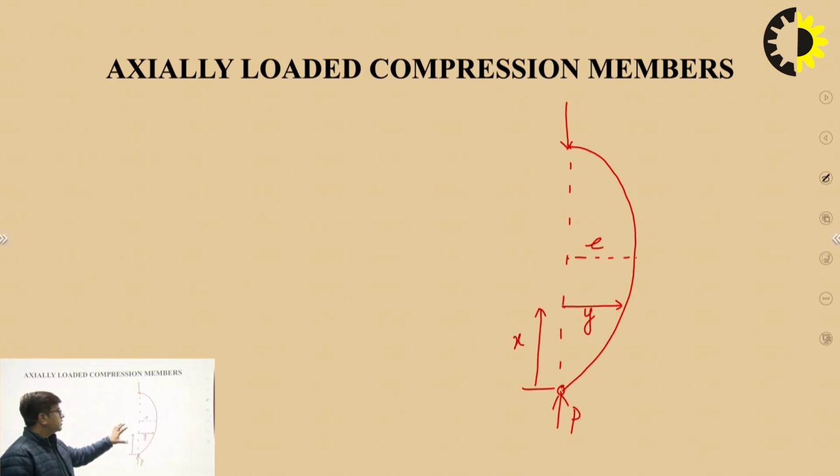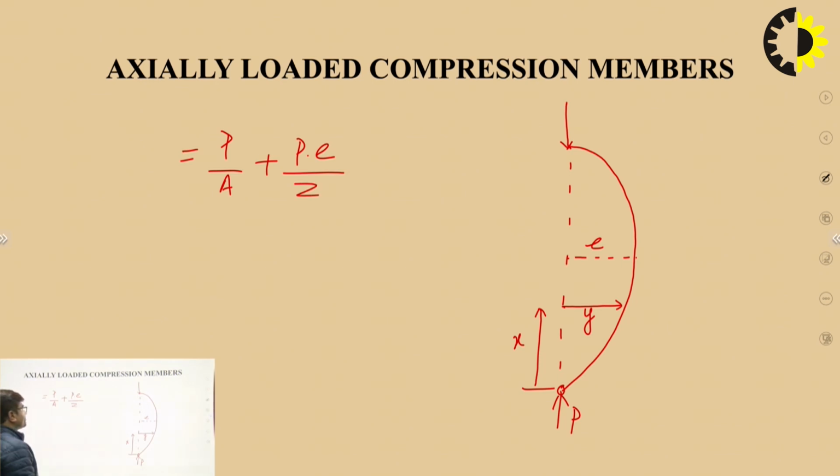So here we can find the extreme stress at the midsection of the column, and that extreme stress is P by A plus P into e by Z, where e is the maximum deflection and this occurs at the midsection.